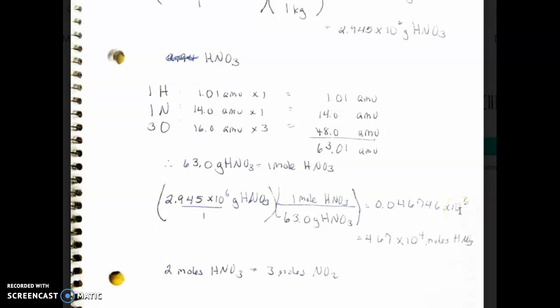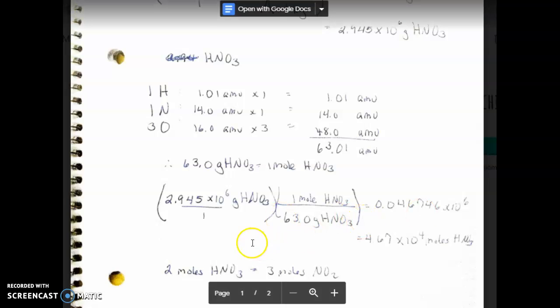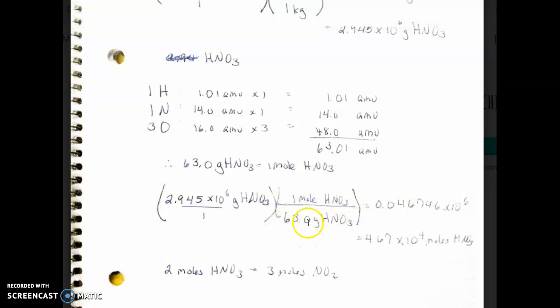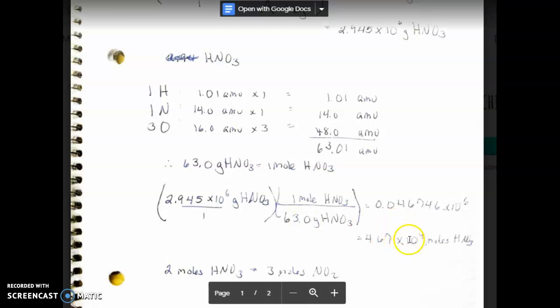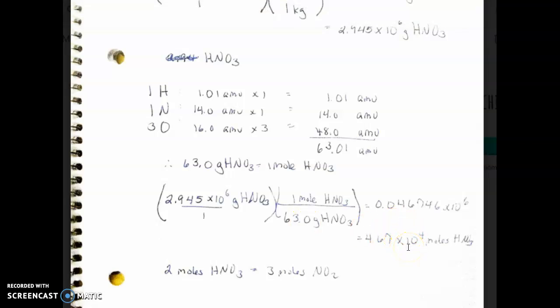However, we only want 4 significant figures, actually 3, because of this number here.